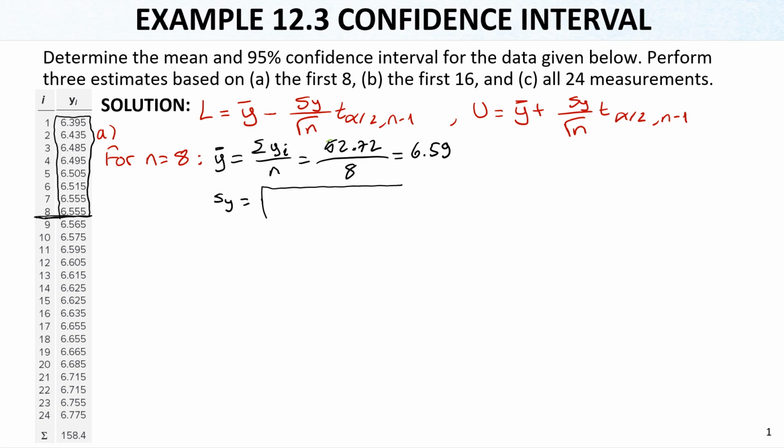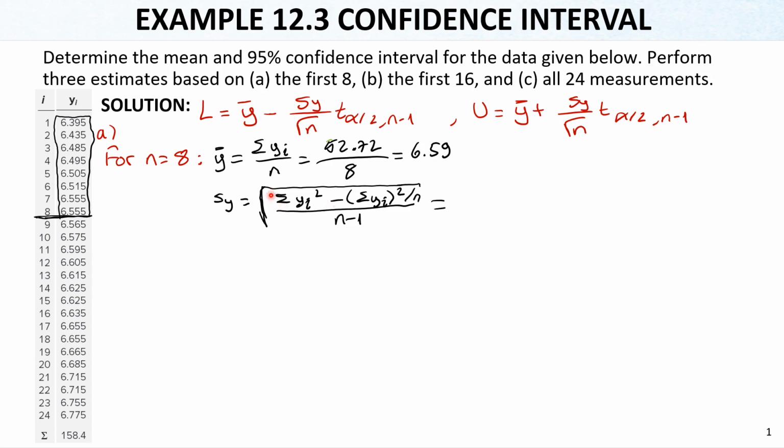If you remember, it was the total yi square minus total yi, the quantity squared, divided by n, all divided by n minus 1. So when we take the square root of this, it becomes again the standard deviation. So we know these values.